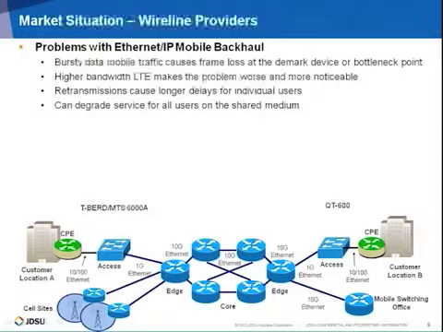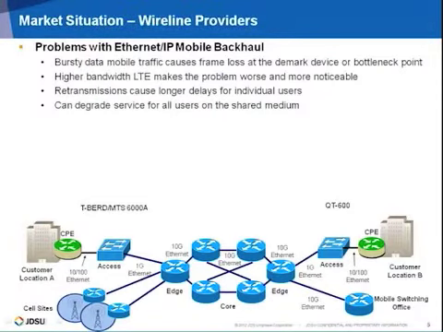Additionally, bursty data traffic can impact higher priority services in class of service or triple play offerings. So we've seen this in several instances where bursty data traffic can cause loss on your real-time services, voice and video traffic as well.